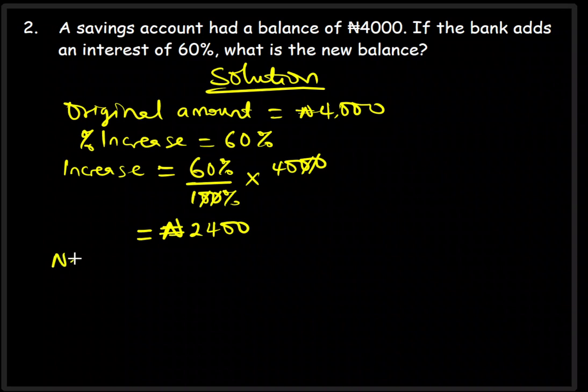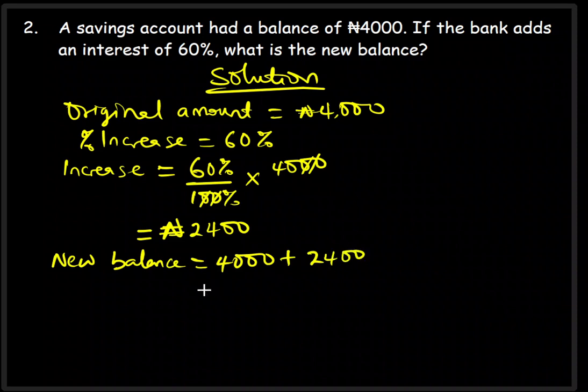So the new balance will be equal to 4,000 plus 2,400, and that will give us 6,400 naira. That becomes our new balance when a 60% increment is done on 4,000 naira.